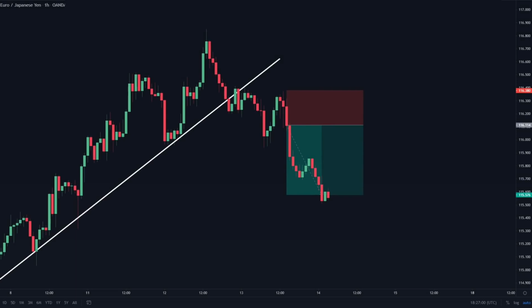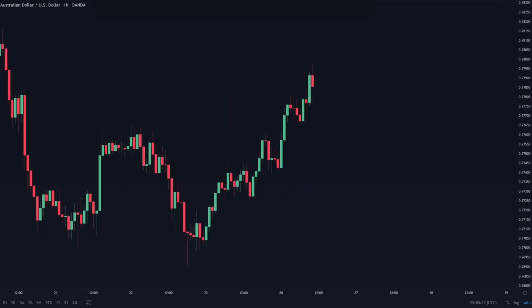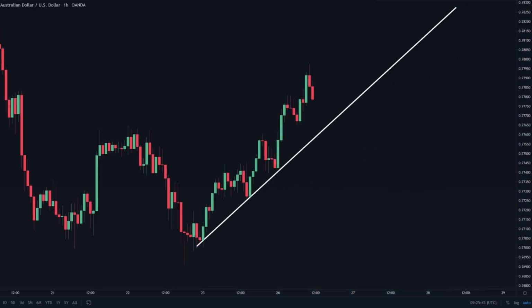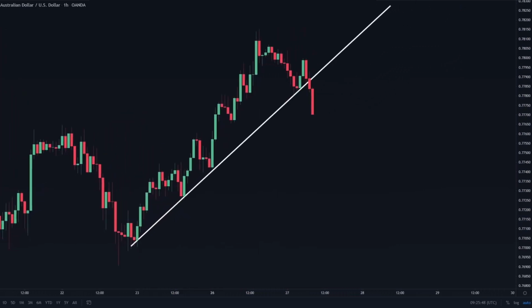Now let's look at other variations of this technique. So in this chart, we spotted a clear uptrend as price is forming higher highs, and below it, we have multiple rejections, meaning we can place an upward trend line. Next, we can see the price failed to make higher highs and formed a lower highs instead, while also breaking the upwards trend line.